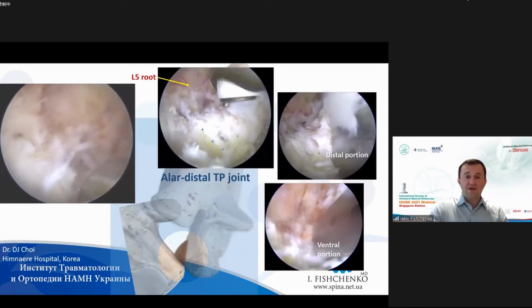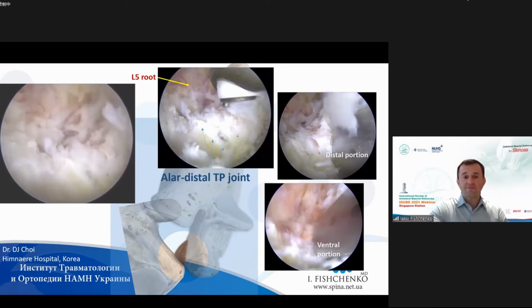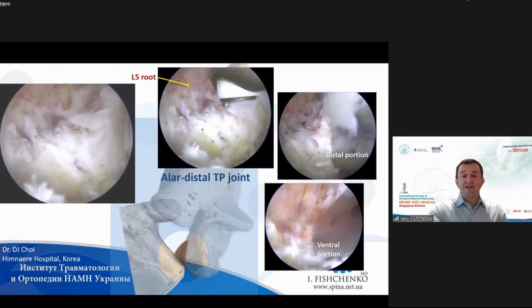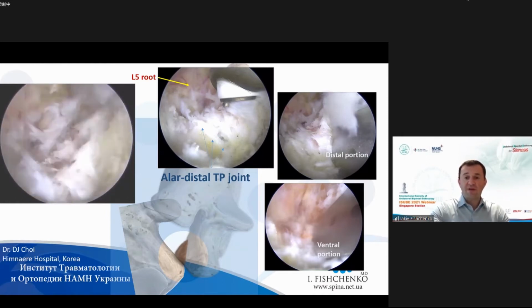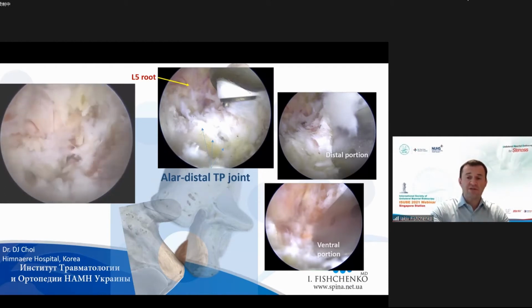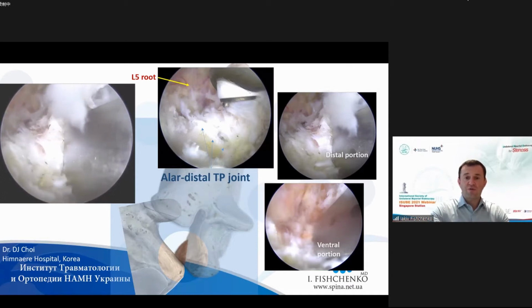So when we start, we should find the joint and remove the alar distal TP joint from the nerve root.